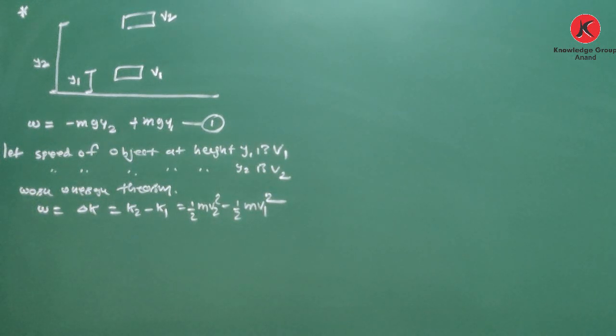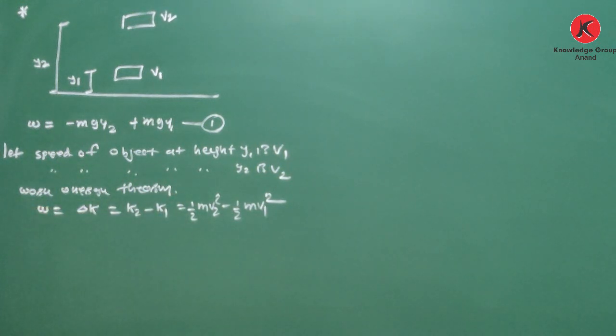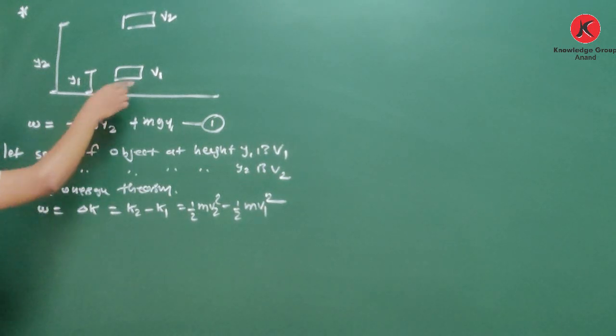That is final kinetic energy minus initial kinetic energy. It is the work to bring the block from this position to this position. It is also the work done during this process.